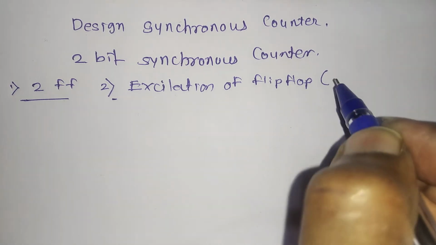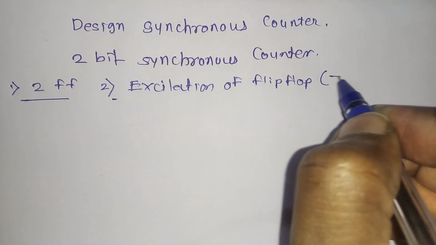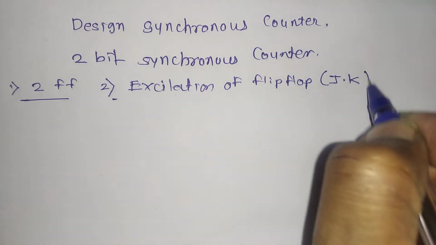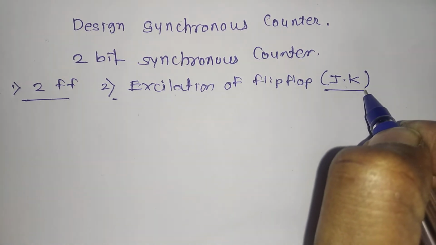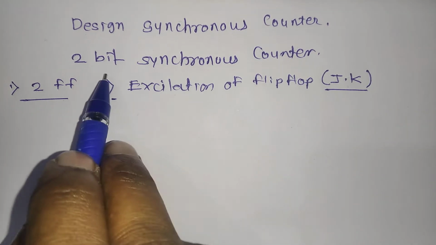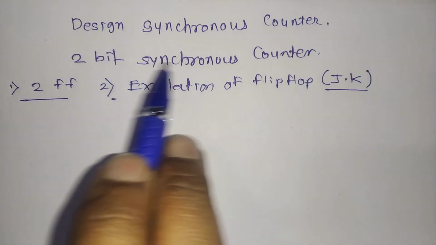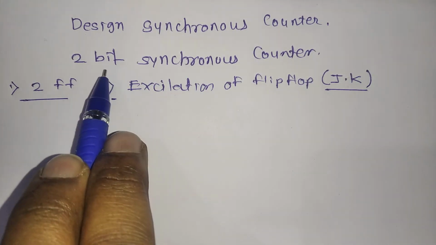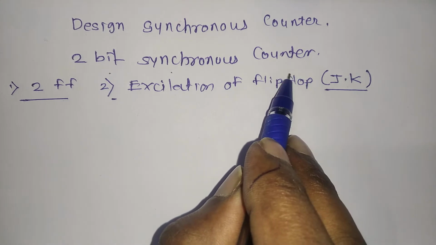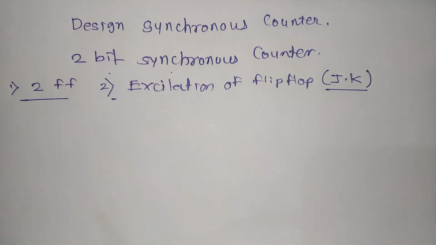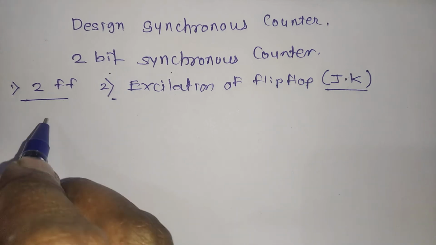So, for example, in this case I am taking the JK flip-flop excitation table, because we are designing the JK flip-flop 2-bit synchronous counter. Now, the excitation table of the JK flip-flop is like this.